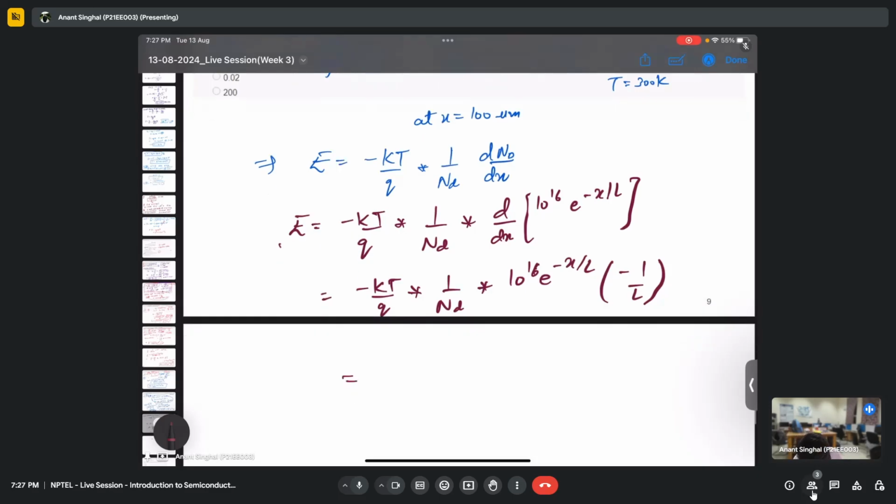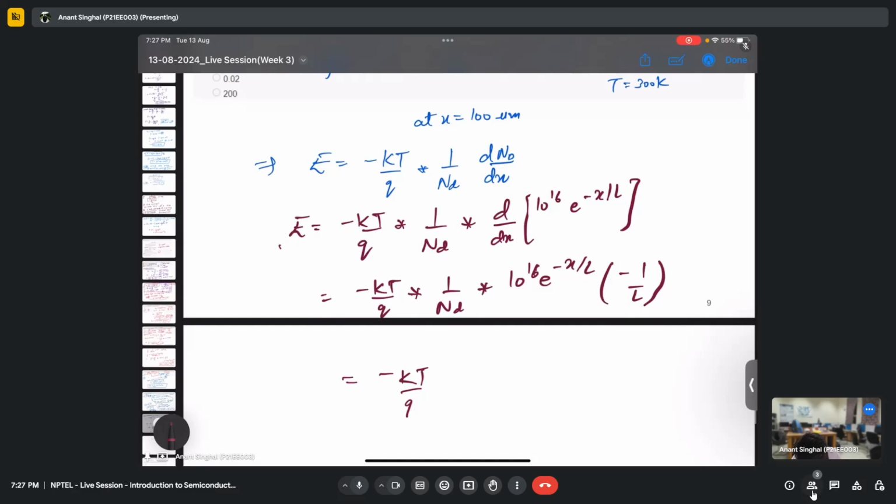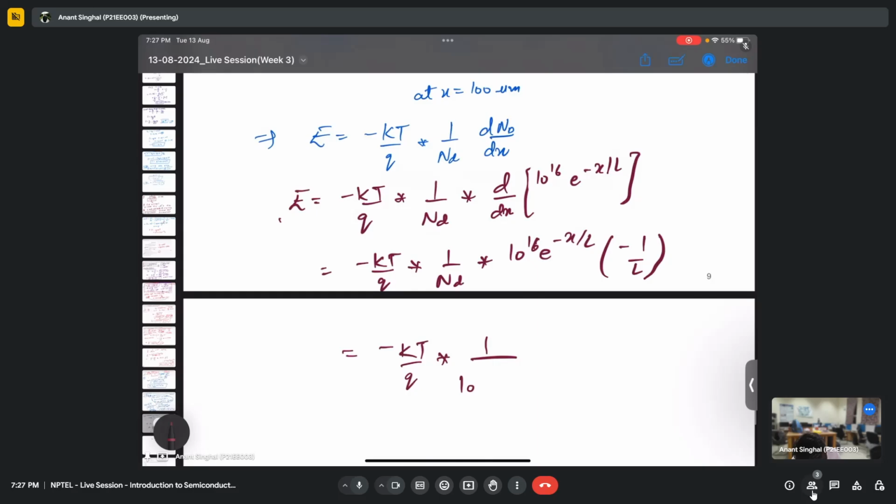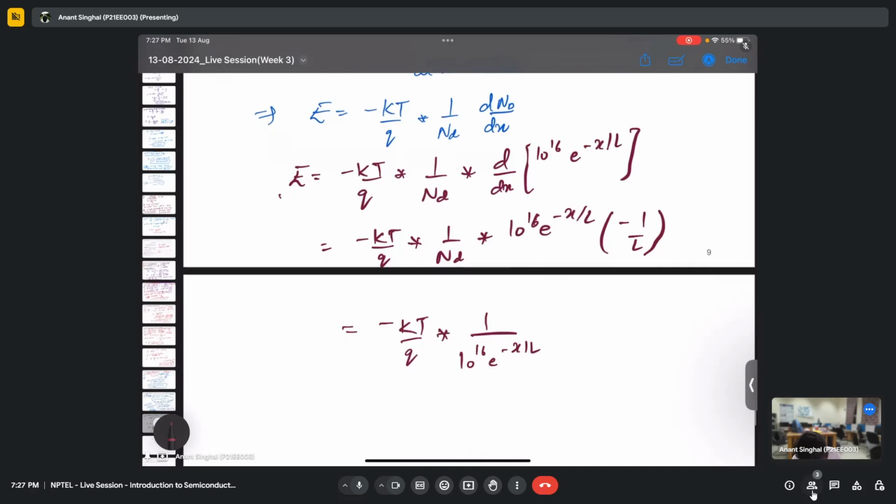N_D is already given as 10^16 exponential minus x by L, times 10^16 exponential minus x by L into minus 1 by L. So this will get cancelled.